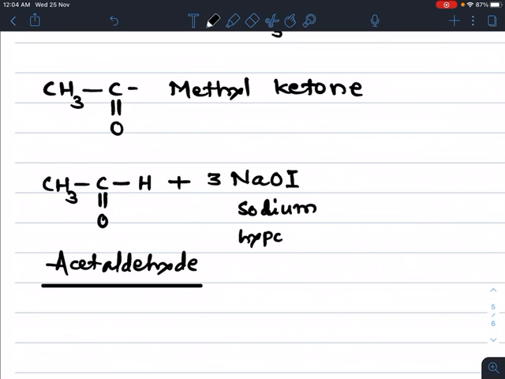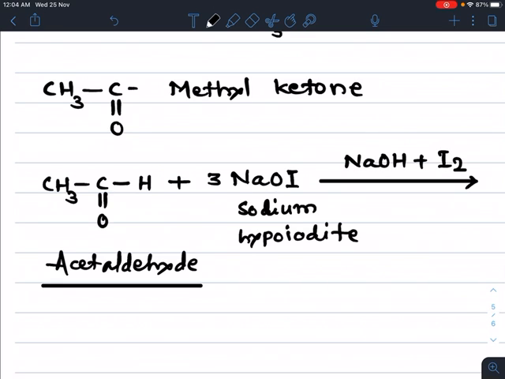This sodium hypoiodide is supplied by NaOH and the halogen iodine, and the mixture is heated. This NaOH and iodine supply the sodium hypoiodide. Now when the reaction takes place, what happens?